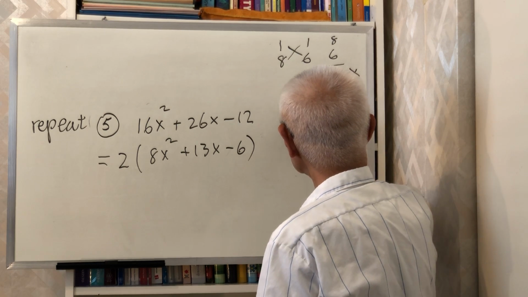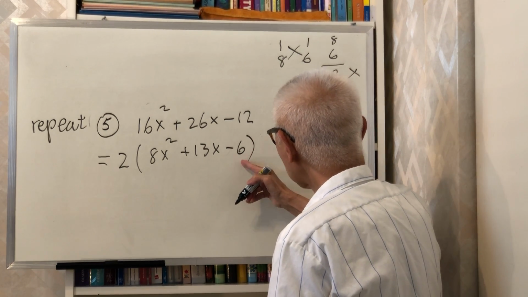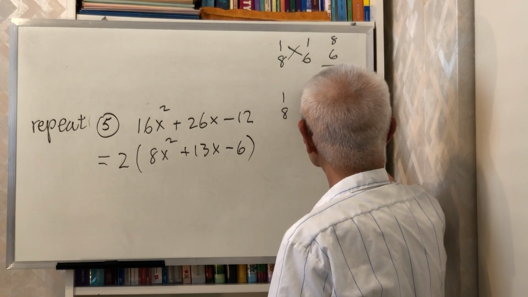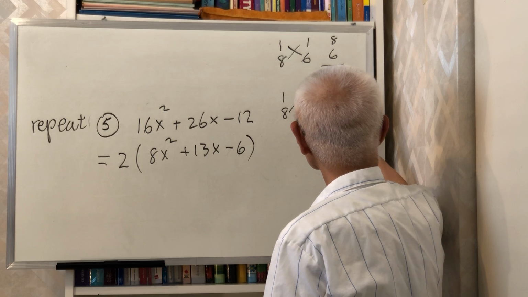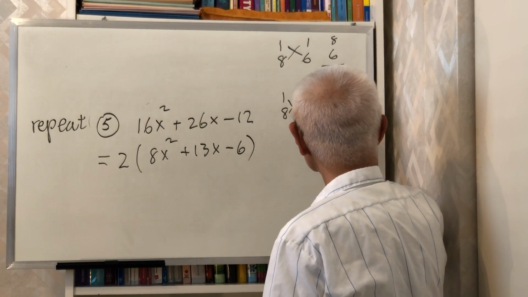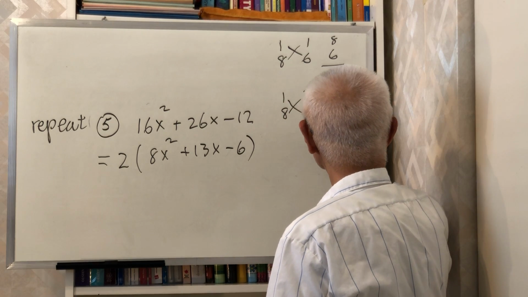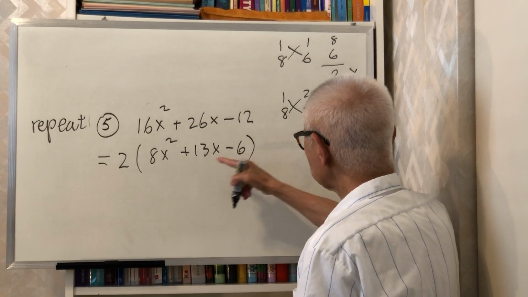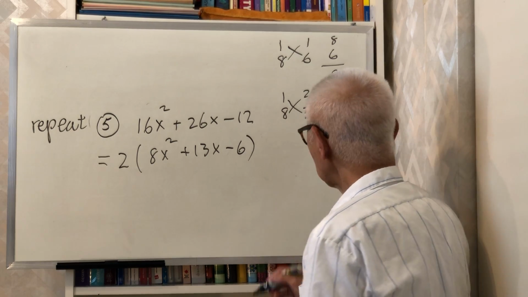8 is 1 times 8. 6 may be 2 times 3. 2 times 8 is 16. 1 times 3 is 3. What's the difference? Oh, good. The difference is 13 now. Very good. This works.